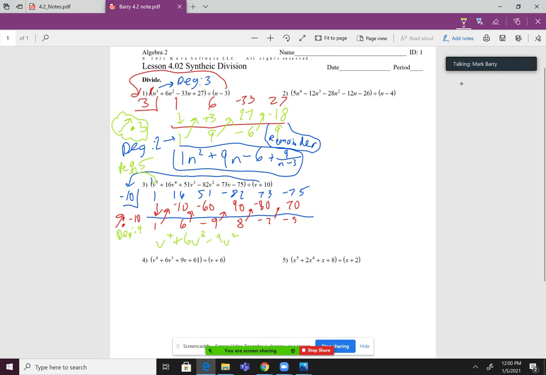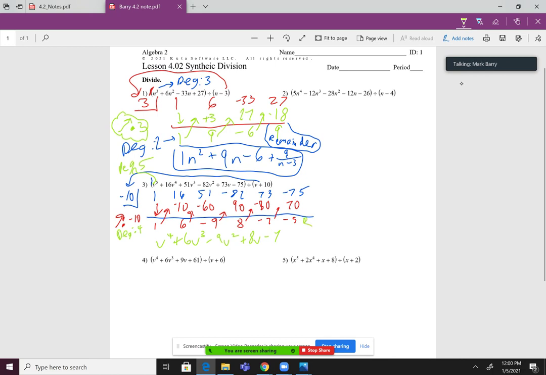So you can see my exponents are just dropping by 1 every time. We get 8v. We get minus 7. So after the first power, the next one's just a number. And then remember the last one is our remainder, correct?